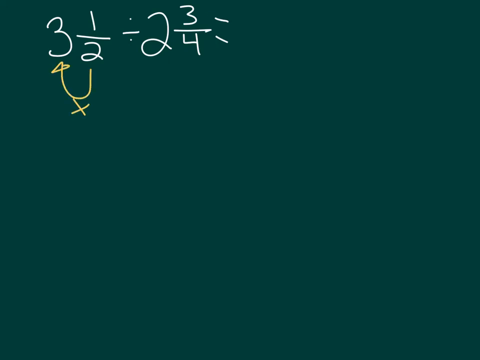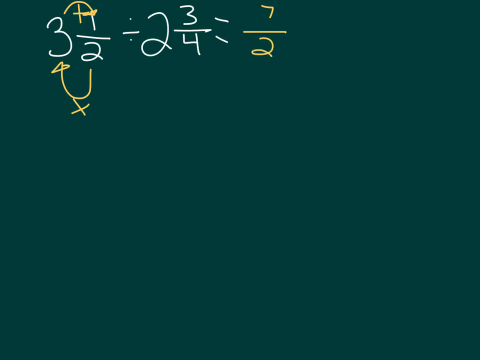We will do another example with mixed numbers. 3 and 1/2 divided by 2 and 3/4. So again, we are not going to work with mixed numbers. We need to change them to improper fractions. 2 times 3 gives us 6, plus 1 is a new numerator of 7, over 2.